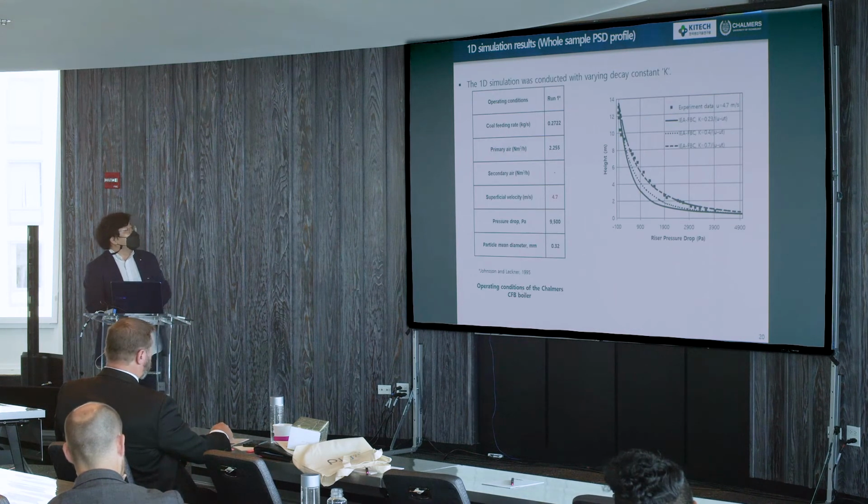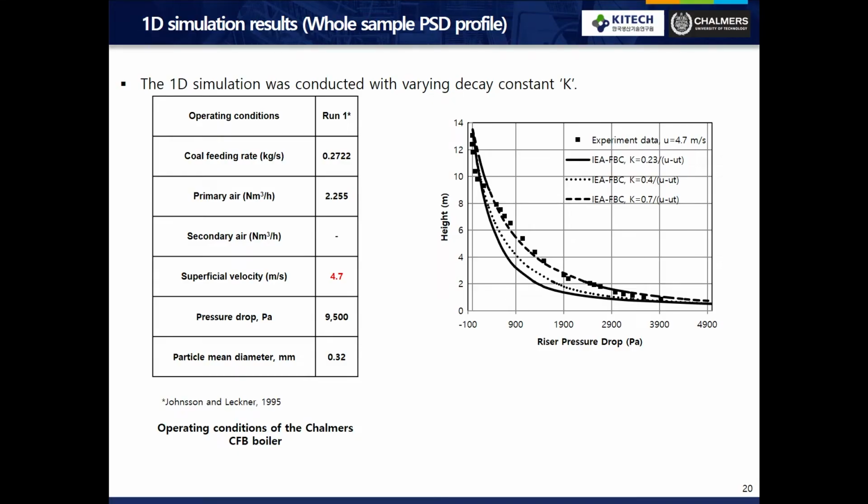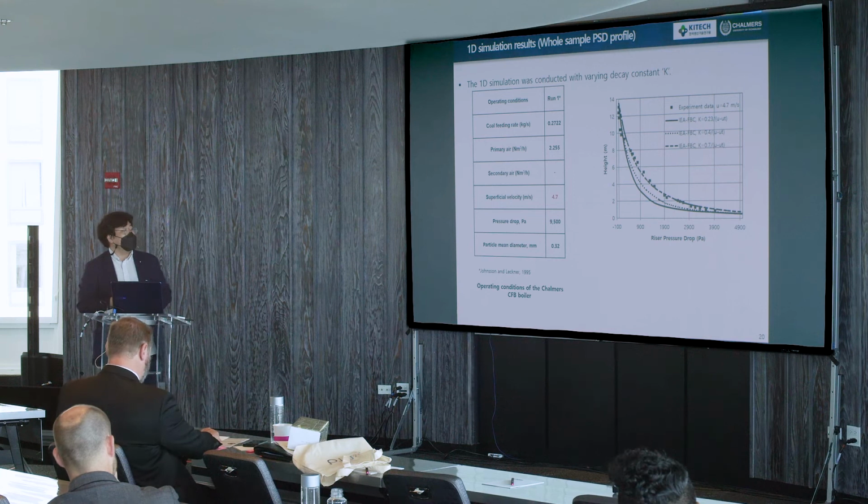And then here's one example. You can see the pressure drops along the height. This solid symbol is from the Chalmers, and by changing the decay model, we can fit the experimental data nicely.